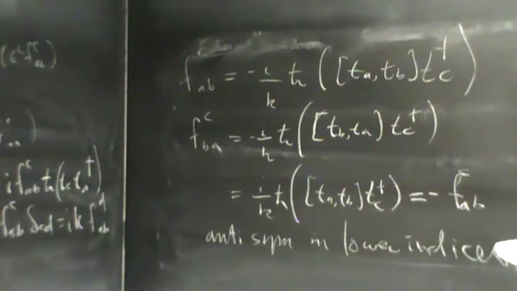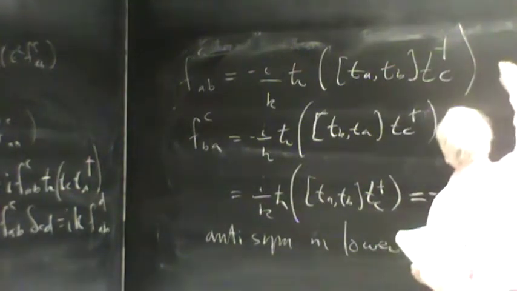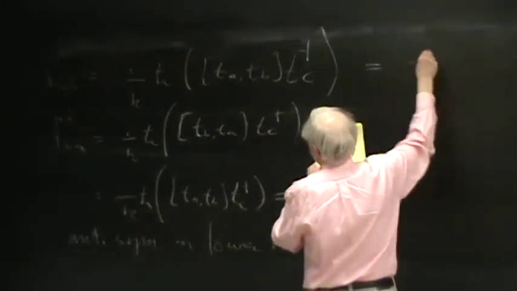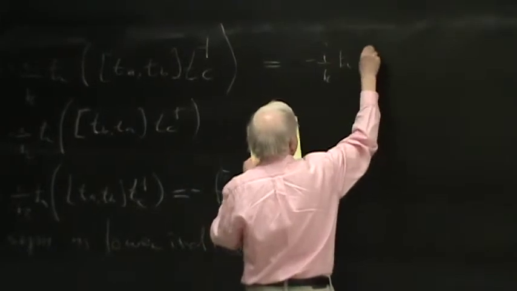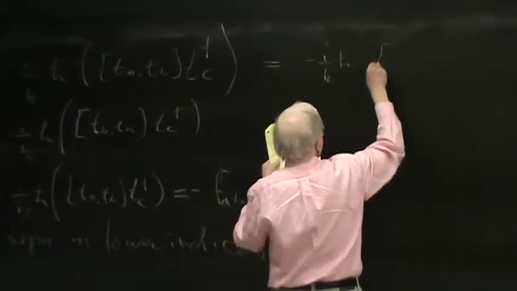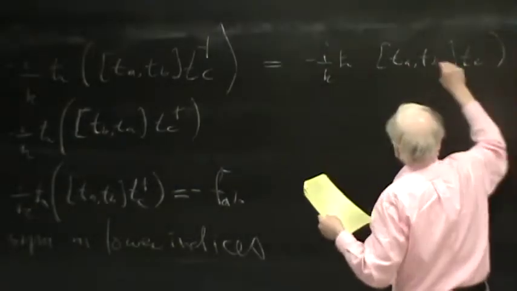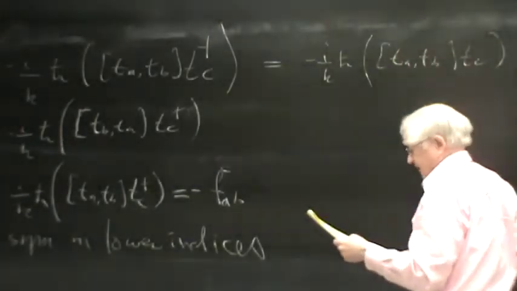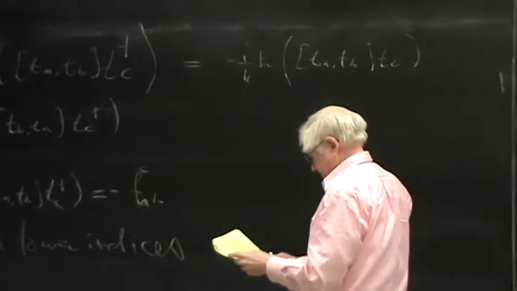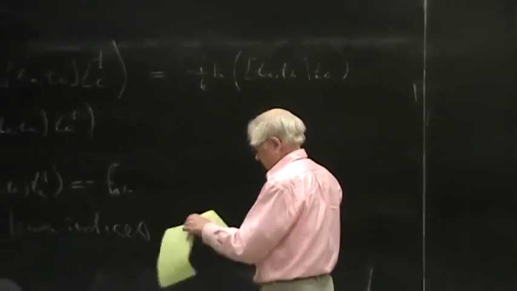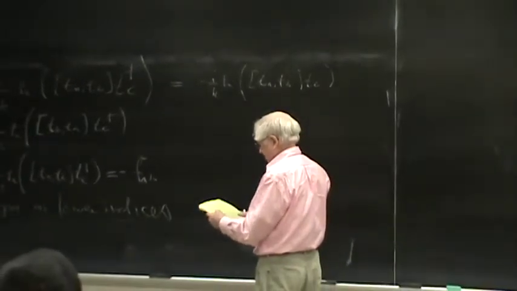And then what we've got is that this is actually minus i over K trace of TA TB TC. And so let me skip to where I actually worked this out.